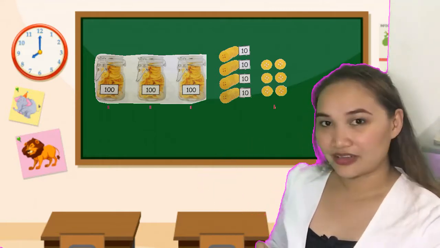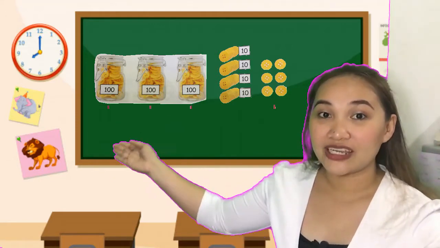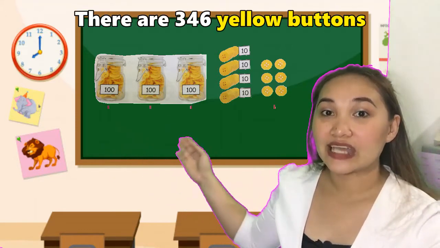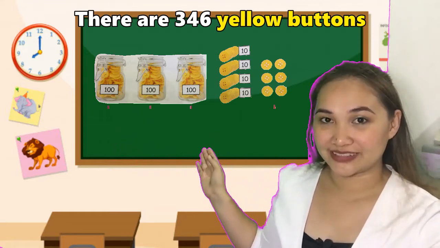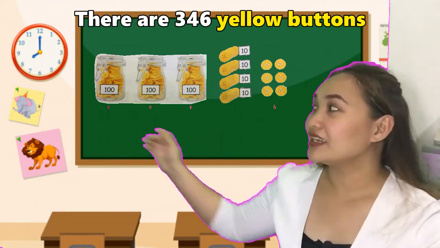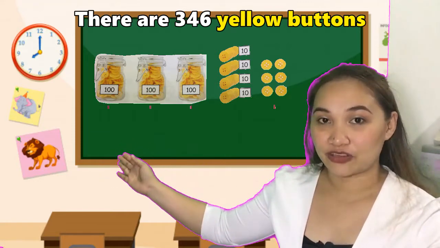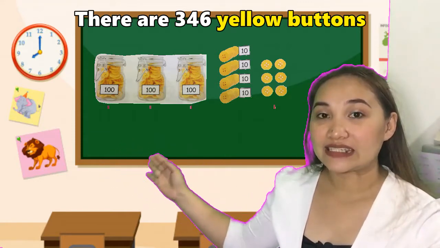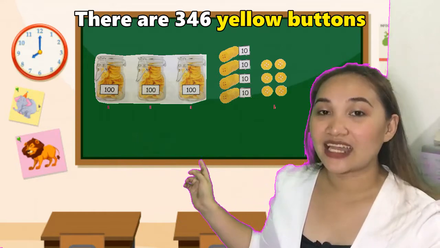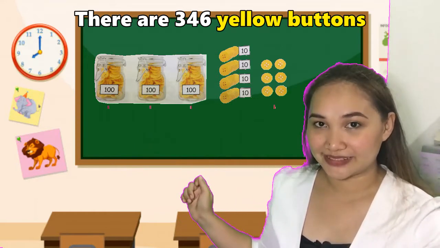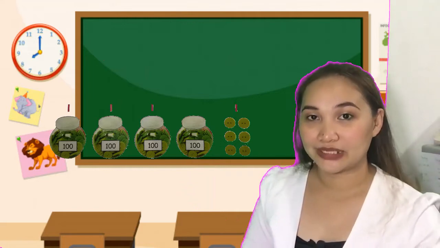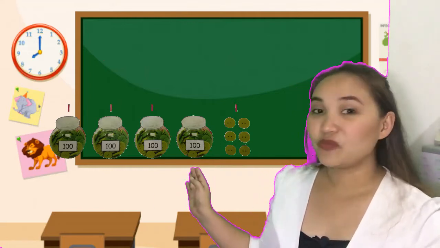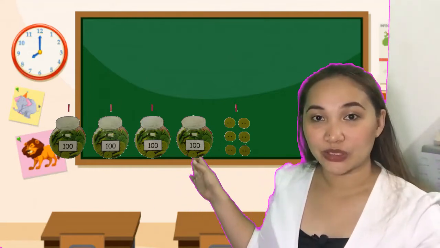So there are 346 yellow buttons. This time, let's count the green buttons, the same as we did with the yellow buttons.